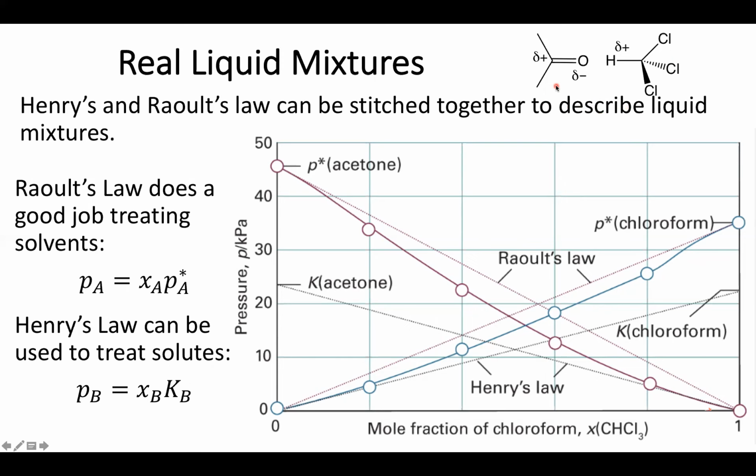Because if I mix acetone with chloroform, well, it turns out that chloroform, with a slightly electropositive hydrogen, doesn't actually do that great of a job hydrogen bonding to itself. It's one of the reasons it's so volatile. However, as soon as you mix it with acetone, well, acetone has this nice negatively charged oxygen that doesn't do such a great job forming a polar bond to itself.